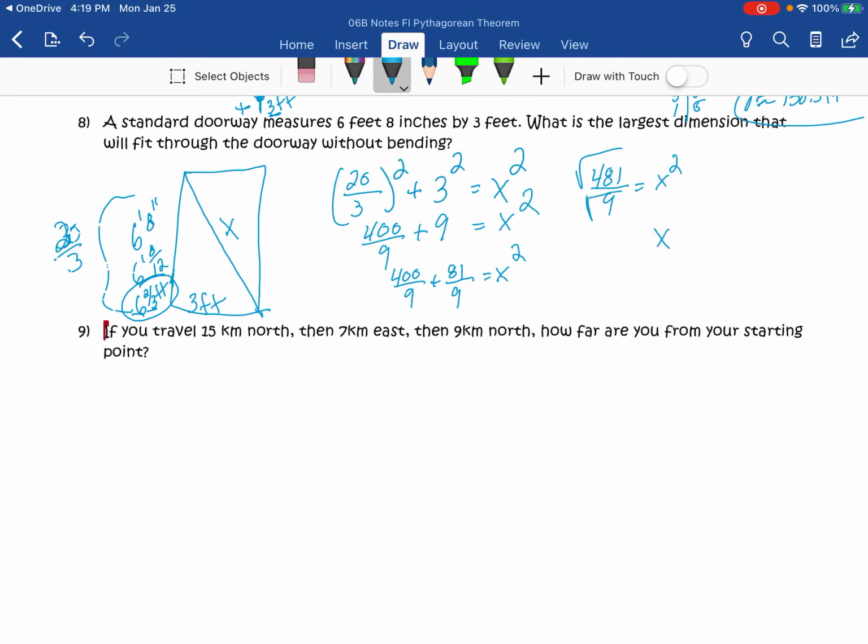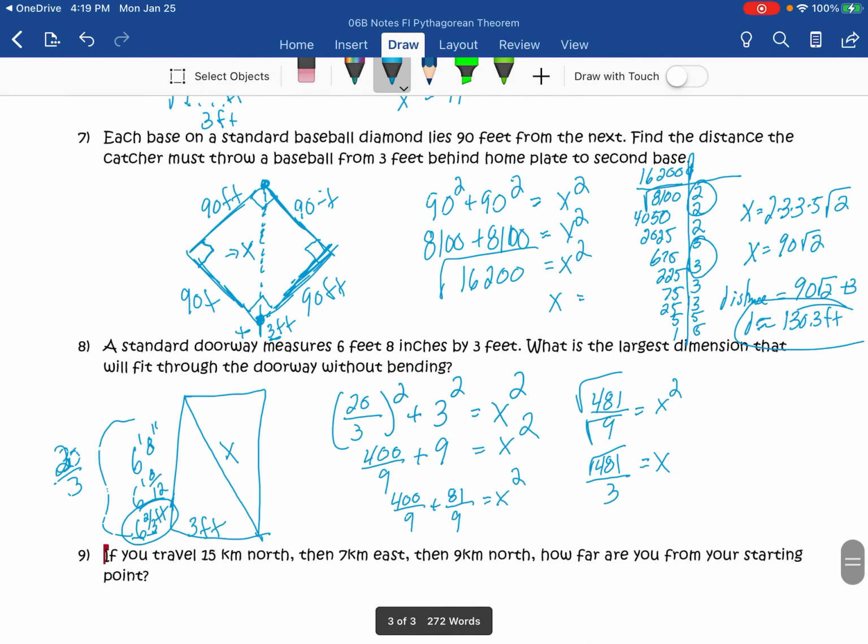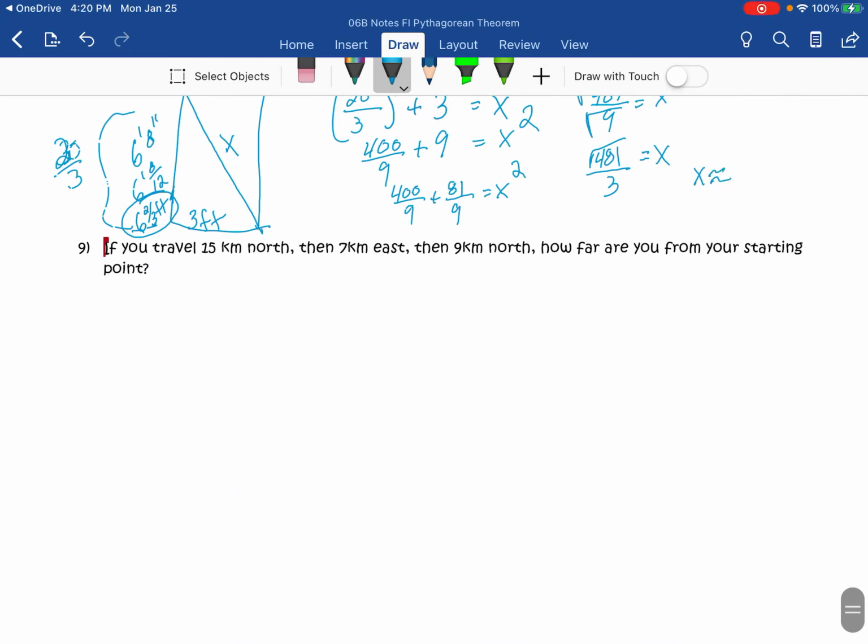I take the square root of each part and simplify. So x is going to be equal to radical 481 over 3. If we want to approximate that, it would be about 7.3 feet, approximately.